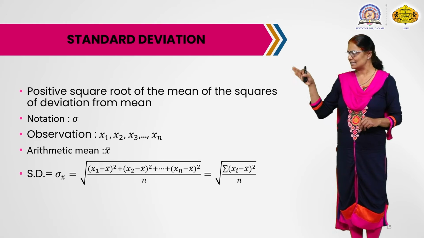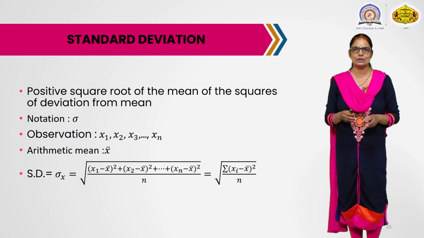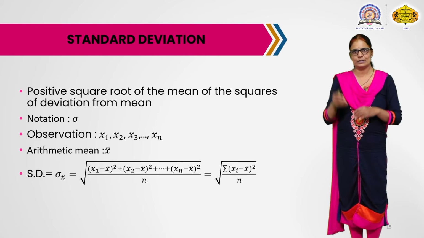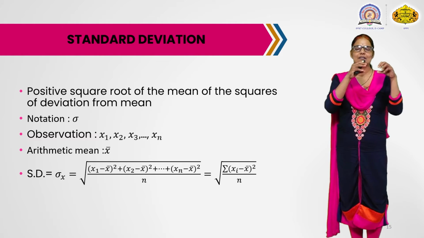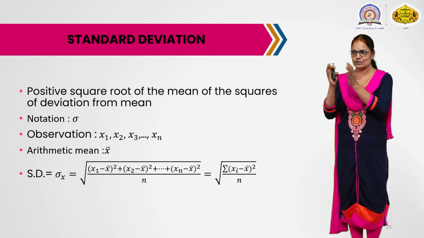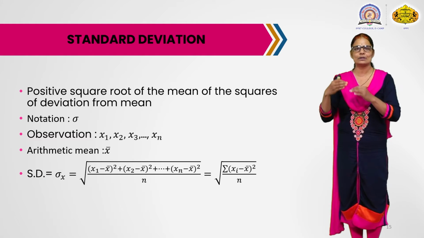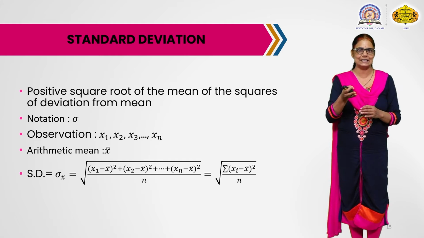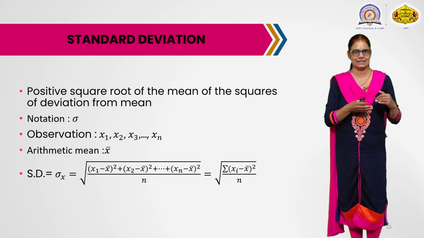Sigma is the notation for standard deviation and x denotes the observations here. So if the series is denoted by x1, x2, xn, to denote the standard deviation for that series, we use the notation sigma x.